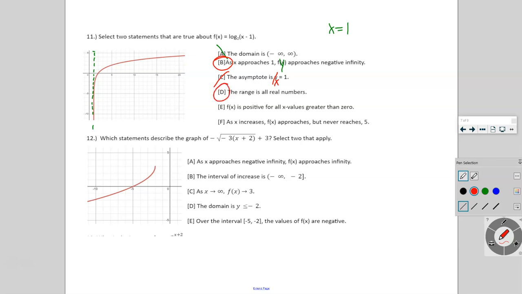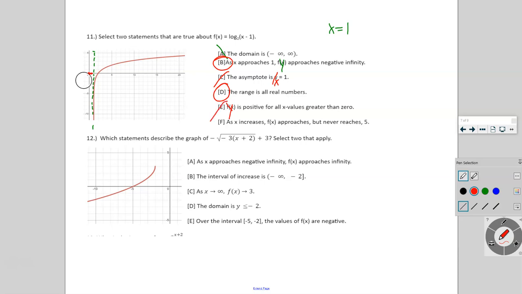All right. Let's just go through E and F, even though we already found our two correct answers. E says f of x is positive for all x greater than 0. We don't have the function between 0 and 1, so this could not be true.